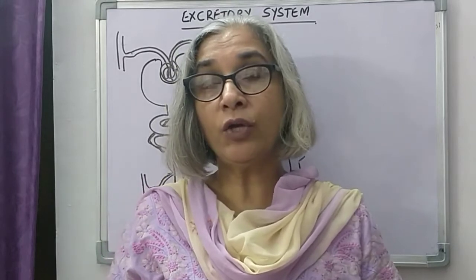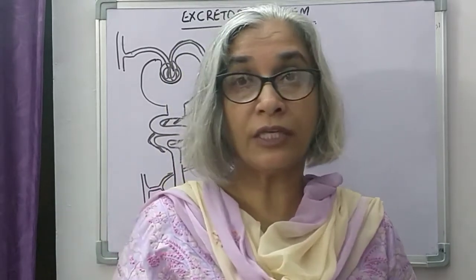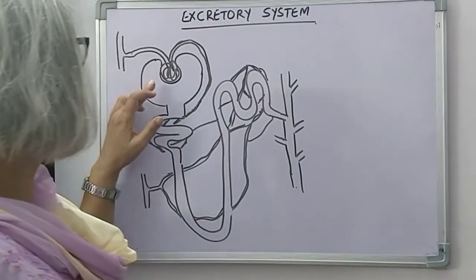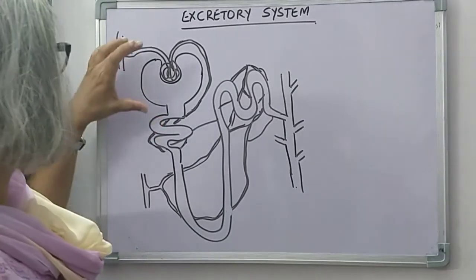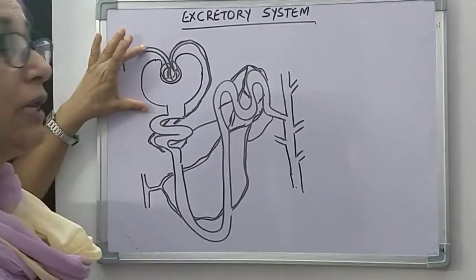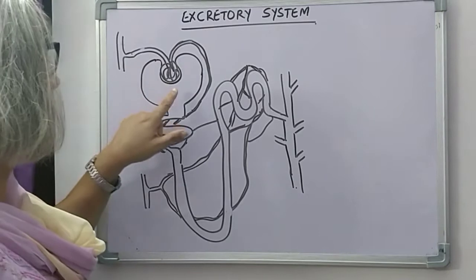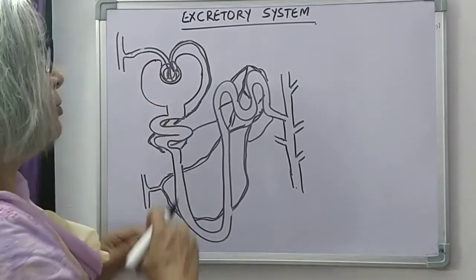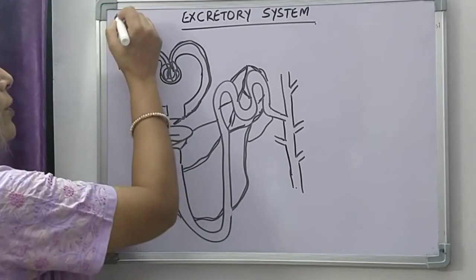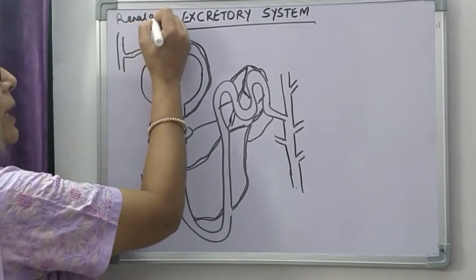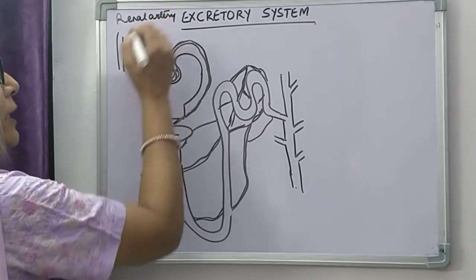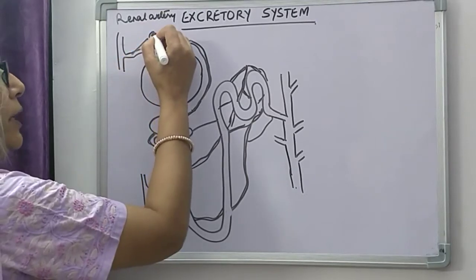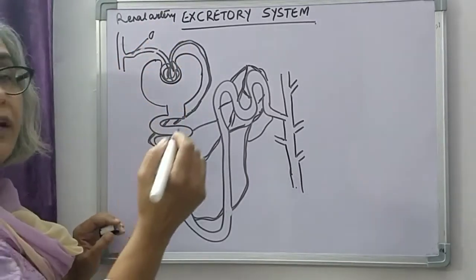Now, coming back to the uriniferous tubules, each uriniferous tubule is divided into two regions: the Malpighian capsule, which consists of the glomerulus, and the Bowman's capsule. Now, the renal artery supplies blood to the kidney. The renal artery breaks up into several arterioles.